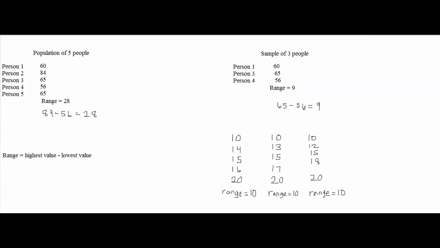Let's talk about another measure of dispersion that doesn't just show the distance between the highest and lowest values. Let's talk about a measure of dispersion that actually does measure the overall amount of spread between all of the numbers in the data set.